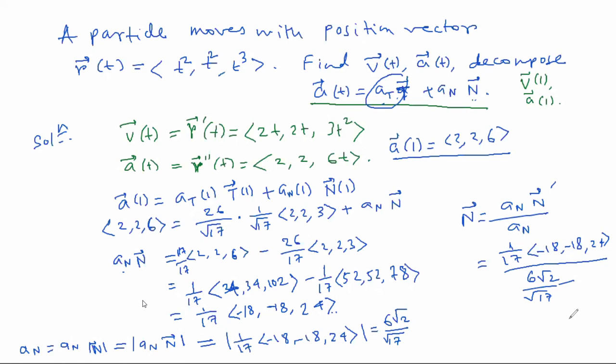If you do all the work, it's going to be 6 square root of 2 times square root of 17. This is the normal vector at 1. This is all at 1. Any questions?